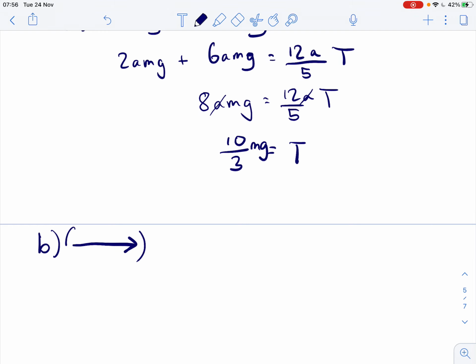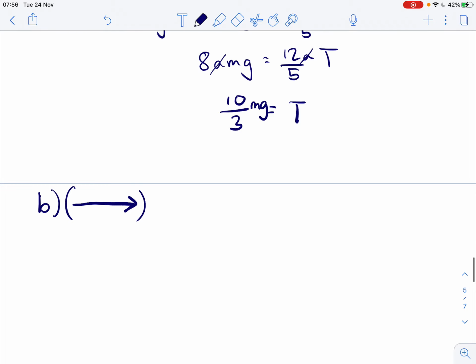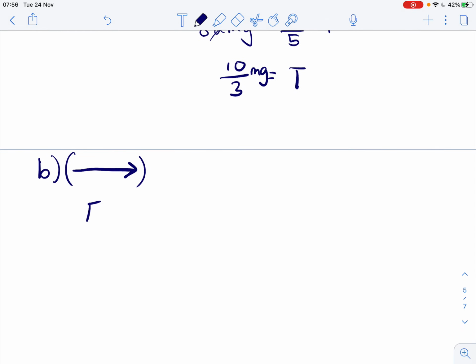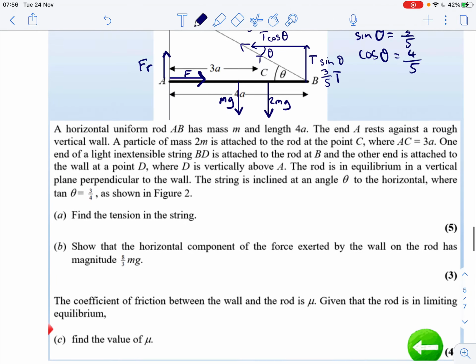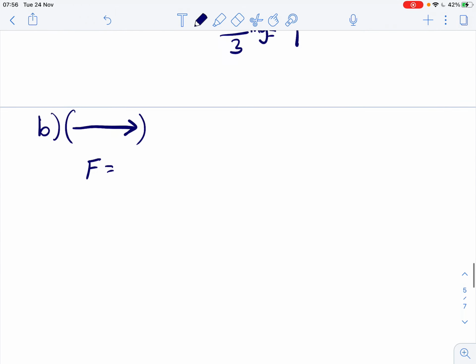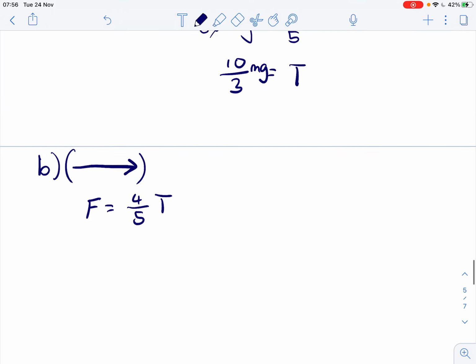I'm putting this in brackets to indicate that I'm resolving horizontally. And I know that F, as I called it, is going to equal that T cos theta, or 4/5 T. And I now know that T is 4 over 5 times 10 over 3 mg.